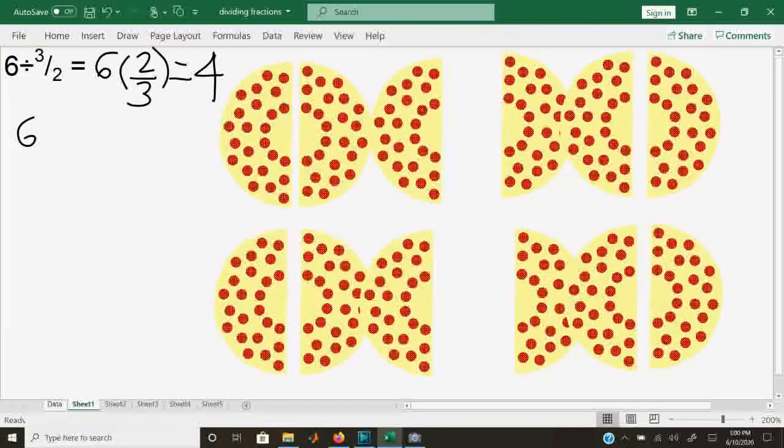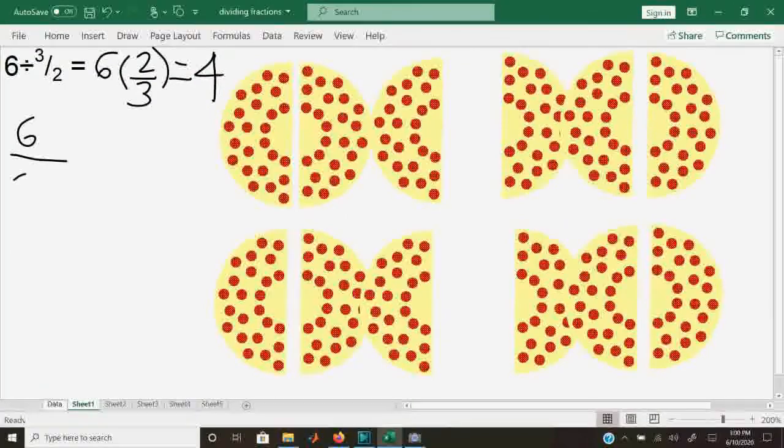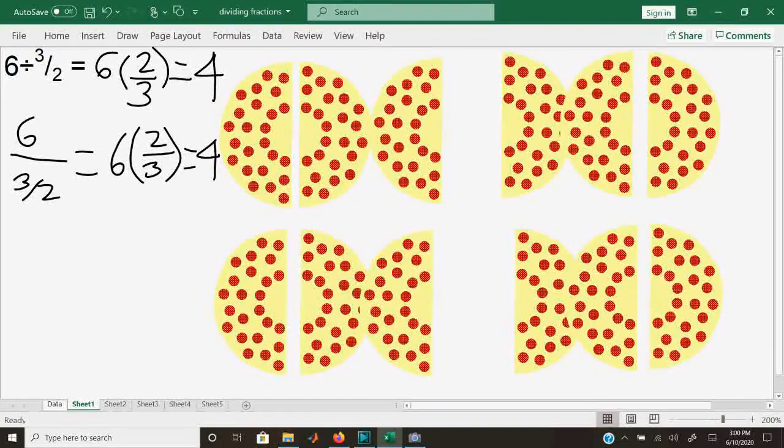So 6 divided by 3 halves equals 6 times 2 thirds, which equals 4.